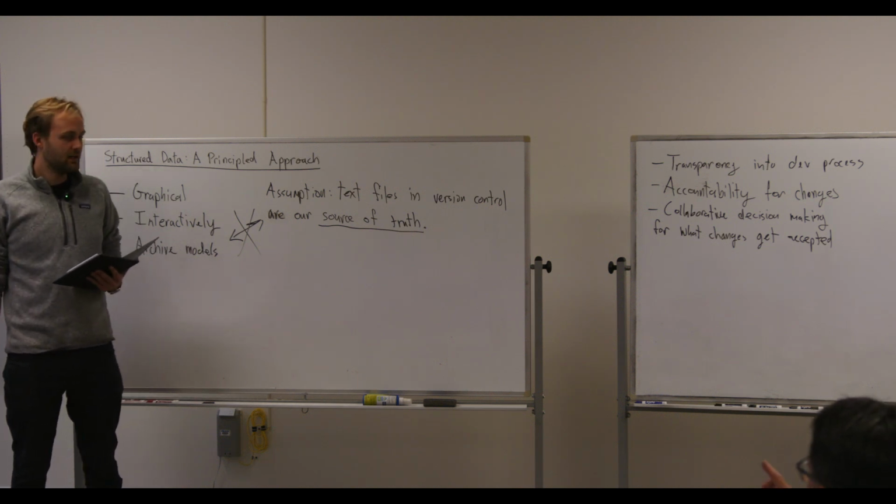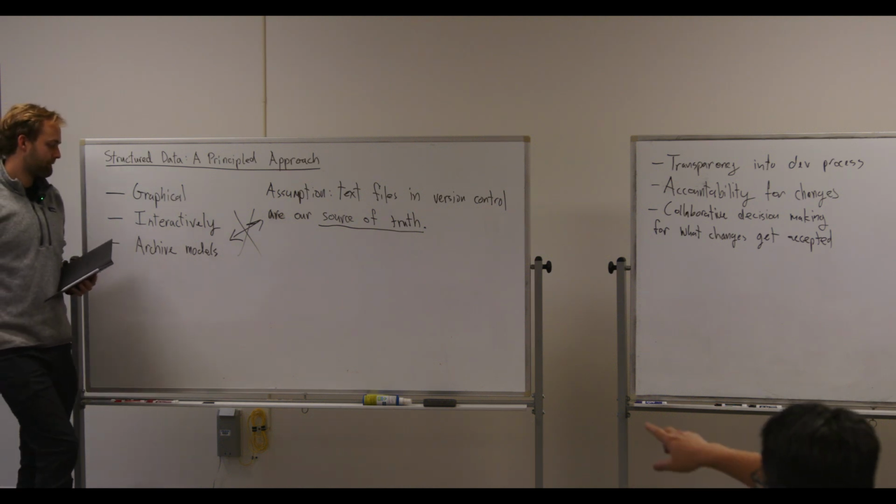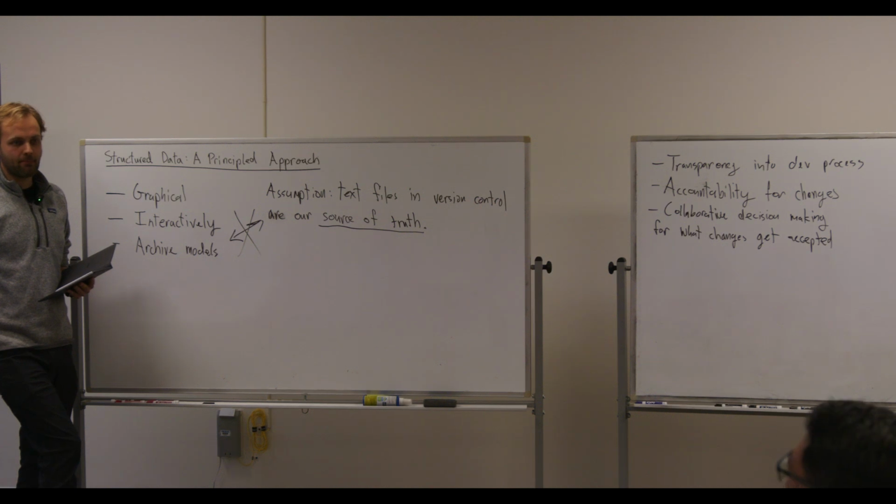I have a question. So you say that it's really hard to archive models, and that's at odds with this assumption that text files are in version control. What if we invented the right DSL, which then made this assumption correct again?